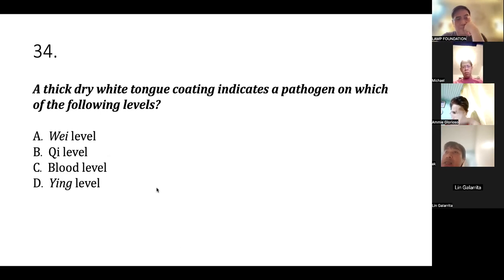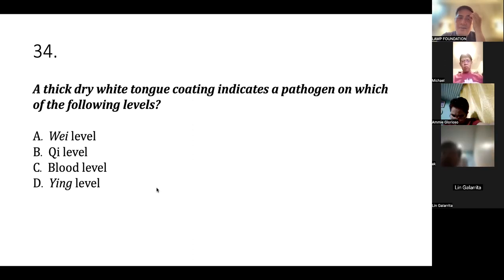A thick, dry, white tongue coating indicates the pathogen on which of the following levels? Letter B, Chi level.